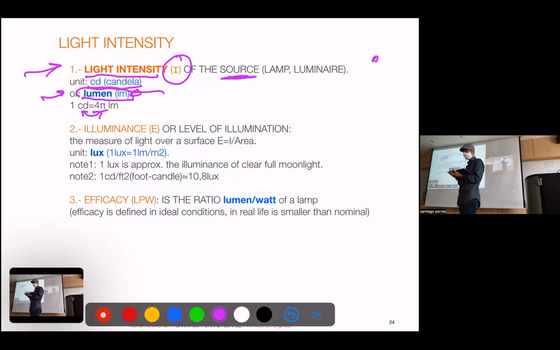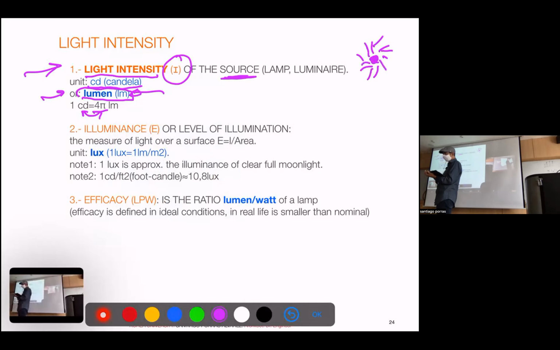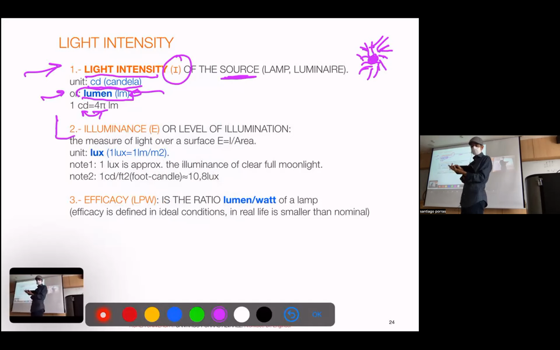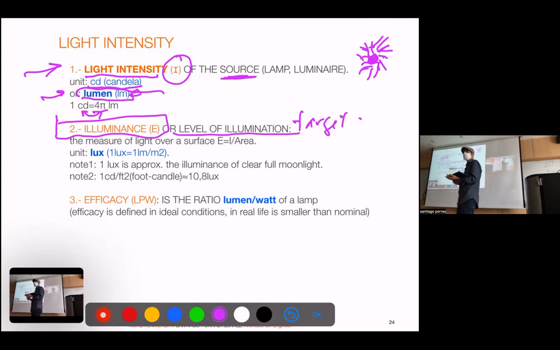So you have one bulb. From the light bulb itself, we have X lumen of light, right? More light is more lumen, and even more light is even more lumen. But this is from the emission point. The second is the target: the level of illumination we need in one space.